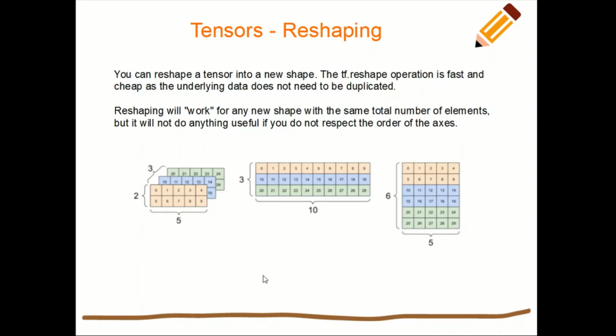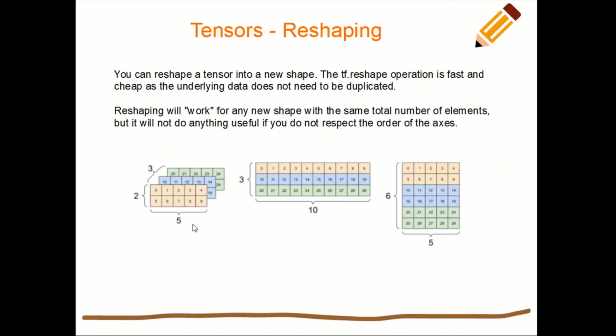We can also do the reshaping of the tensors, right? When the data comes from an external source, it may not be exactly in the form that is required to be fed to the neural network, and that is where the reshaping comes in. The constraint on the reshaping is that the total number of elements must stay the same. In this particular case, let's say we have 3 into 2, 6 into 5, 30.